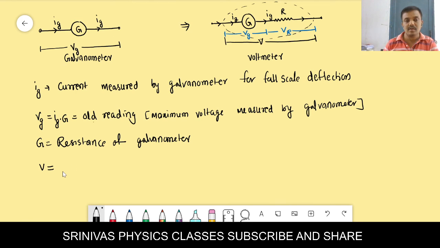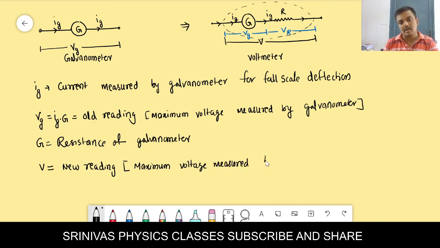V is the new reading, the new voltage, the new maximum voltage measured by the galvanometer after converting into a voltmeter.